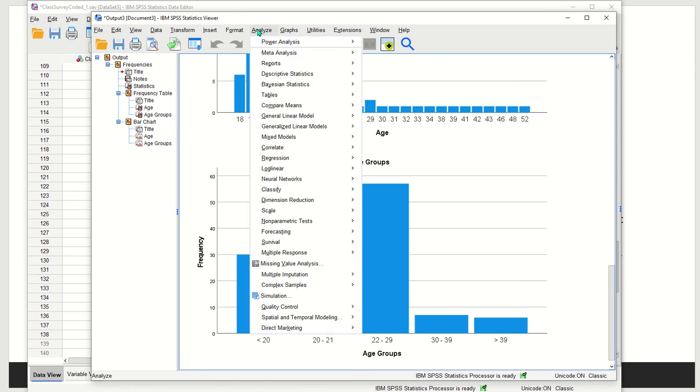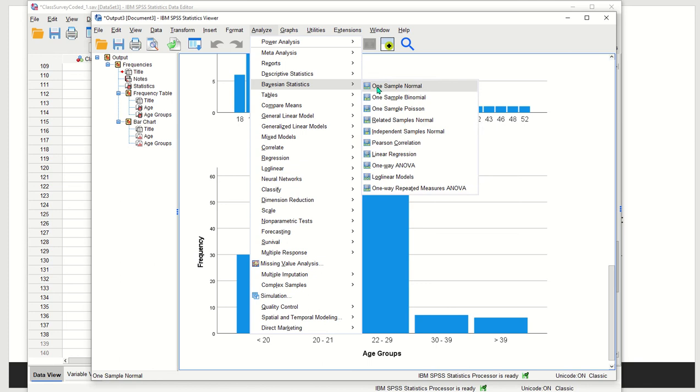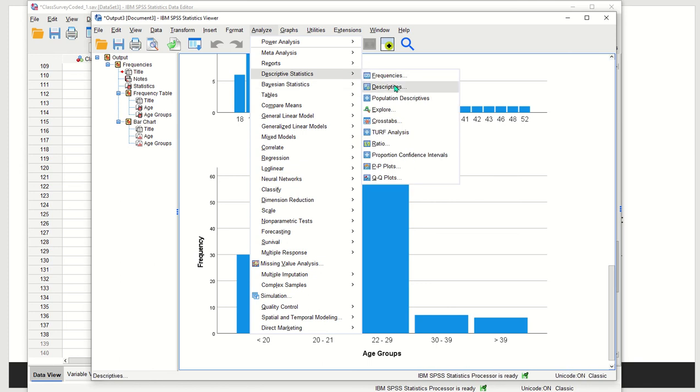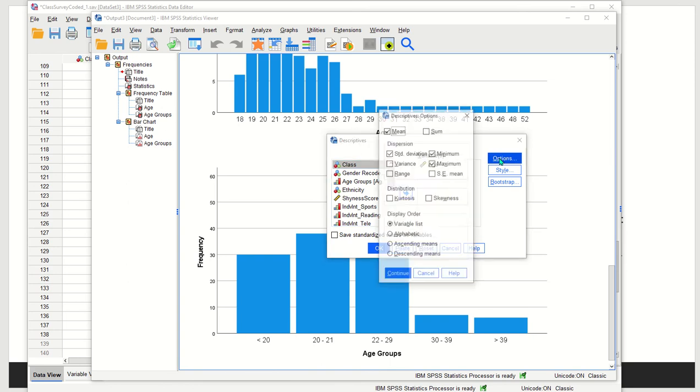To perform descriptives, they are good to obtain a mean, and they're good for scale level data. So I would put the age on the scale level in here, and for options, in this case, getting a mean, standard deviation, minimum, and maximum.